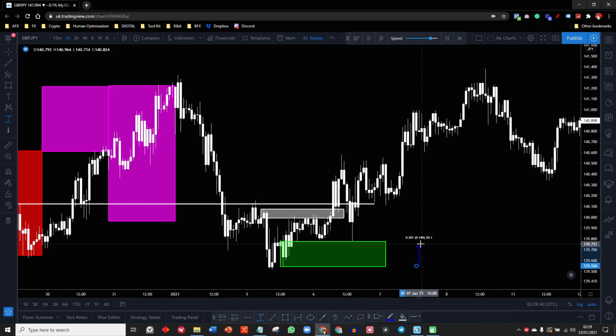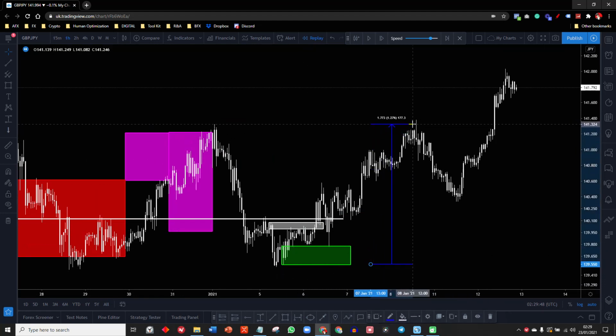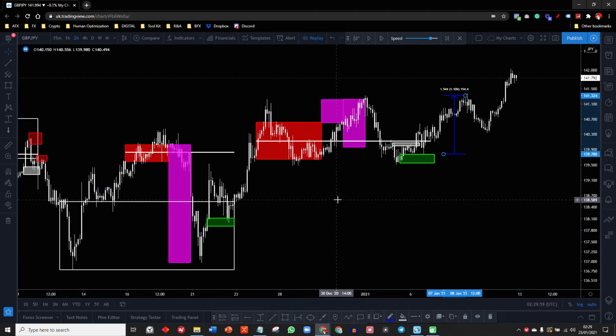What's that in terms of pips? 22 pips, not bad. And if you're going to take profits at the high, we've got a 154 pip win. I hope that this is making sense, guys.